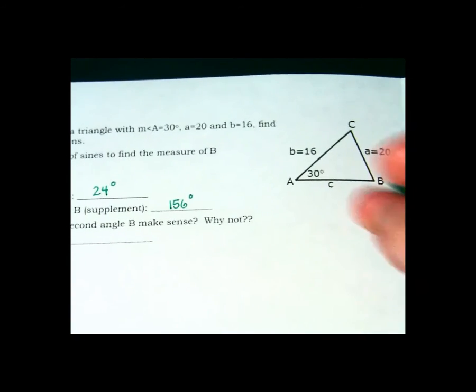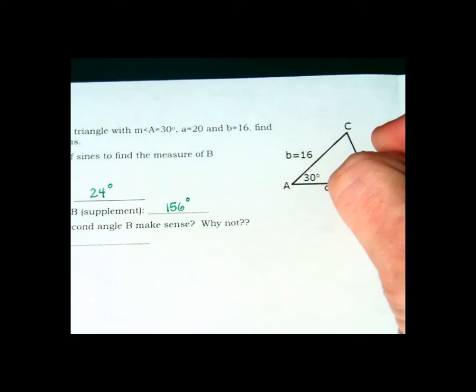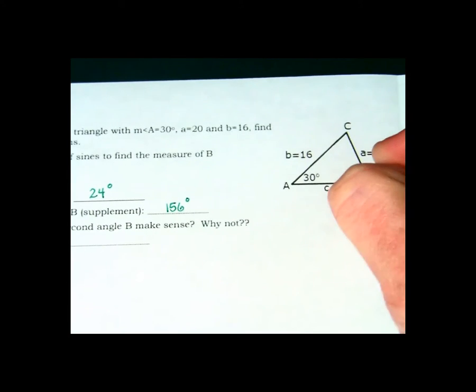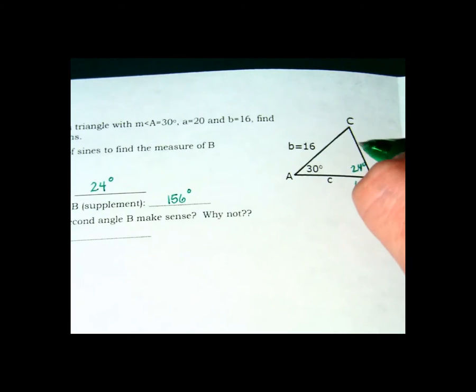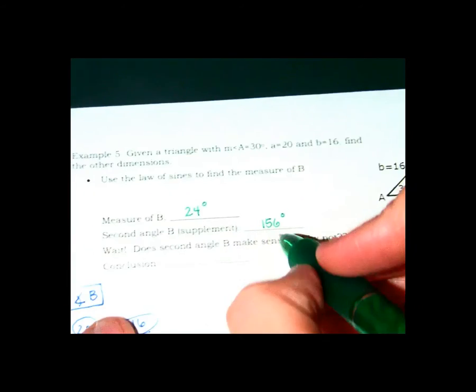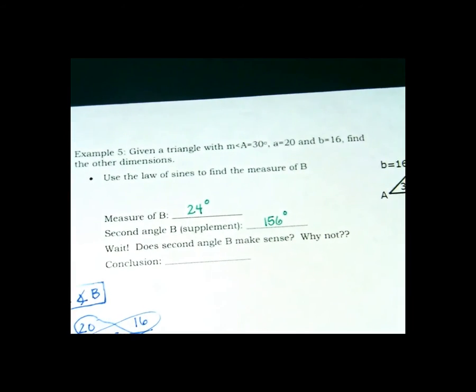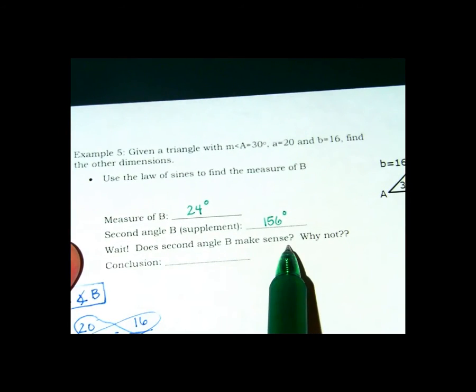It's saying this right here could be 24 or it could be 156. Now we got to think that through. So there would be nothing left for C. That means this one does not work. So wait, this does not make sense.